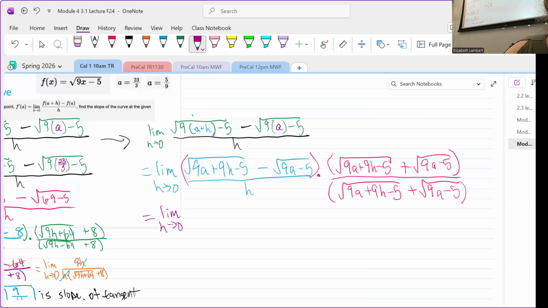So we're only going to get the first times the first, the outer and the inner cancel out, and then the last times the last. So the first times the first, the square root times the square root is just going to be what's inside the square root. So 9a plus 9h minus 5, and then minus what's inside the second square root, which is 9a minus 5. Note the parentheses there. If you don't have the parentheses around the second part, it's going to mess up.